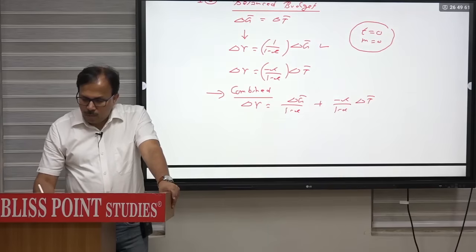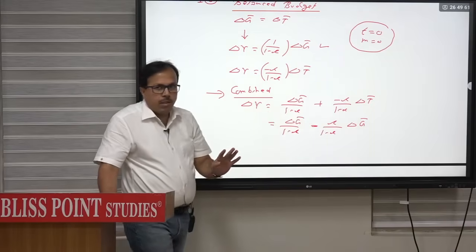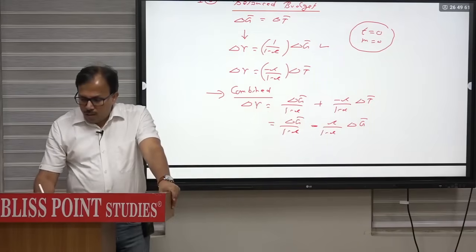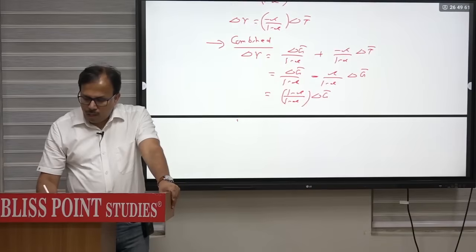Now in the next step you can simply write delta g over 1 minus c, right, now minus c upon 1 minus c into delta g, because budget is balanced, therefore in place of delta t you can write delta g. Clear? Then you can take a delta g common, and it could be written as 1 minus c upon 1 minus c into delta g, and therefore delta y over delta g is equal to 1.